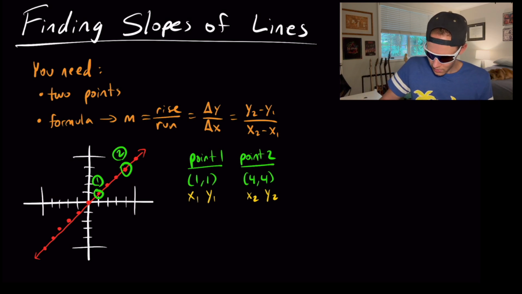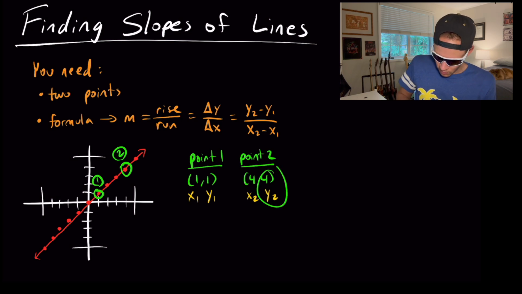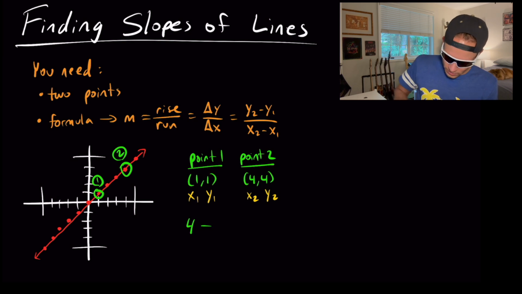This is going to make using this formula really easy, because we just plug in the values and we get the answer. So instead of y2 minus y1, well, I know y2 is 4, and then minus y1, well, that's 1, all over x2, which again is 4, minus x1, which is again 1.